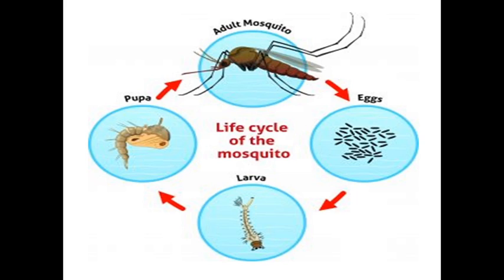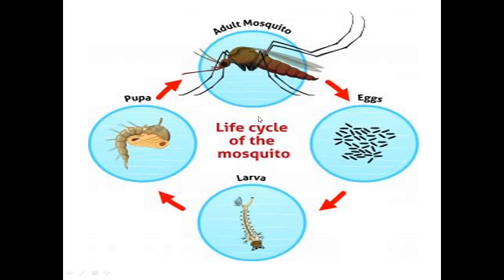Okay, first the adult mosquito lays eggs, then after a particular period those eggs change into the larva, the fish-like structure. Then again there is growth in that larva and it changes into the pupa, and then the pupa changes to the adult mosquito.